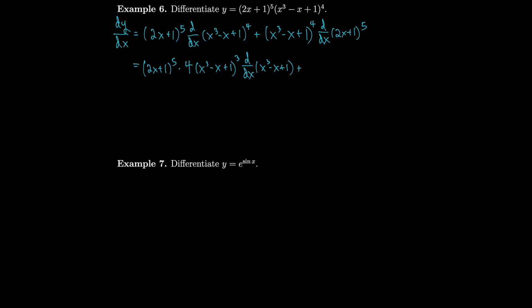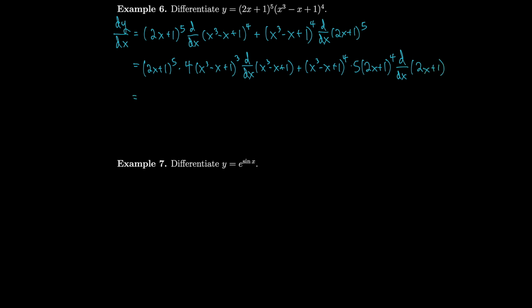Okay, now we still have the entire second half of this expression, so that's plus x cubed minus x plus 1 to the 4th times now this derivative, so that's 5 times 2x plus 1 to the 4th times the derivative of what was inside, which is 2x plus 1.